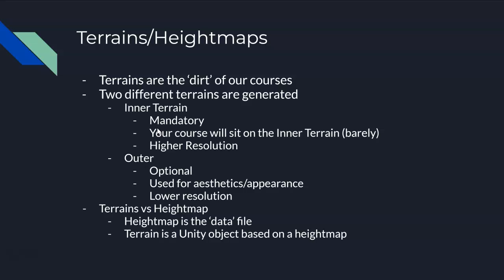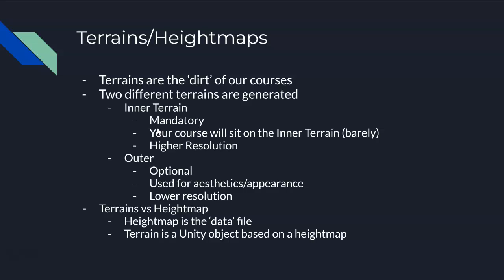But higher resolution makes the file much bigger, so we want the inner terrain as small as possible, so it barely fits around our course. Your course might not be square, it might be long, but we still have to make that terrain square and fit our course as best as possible.